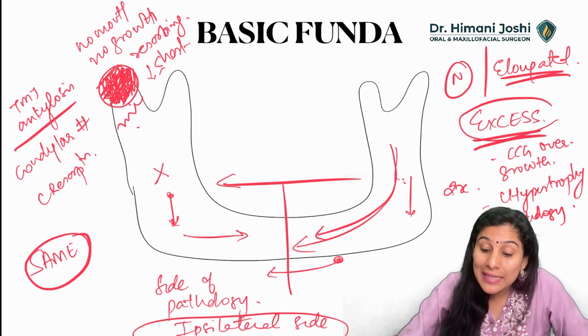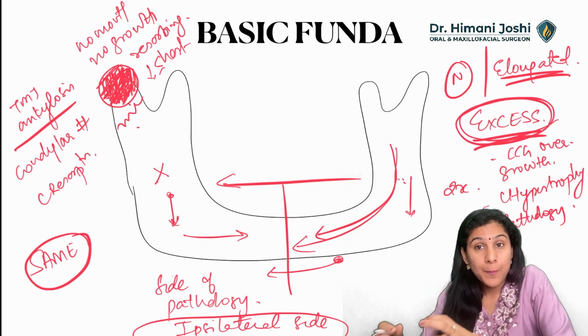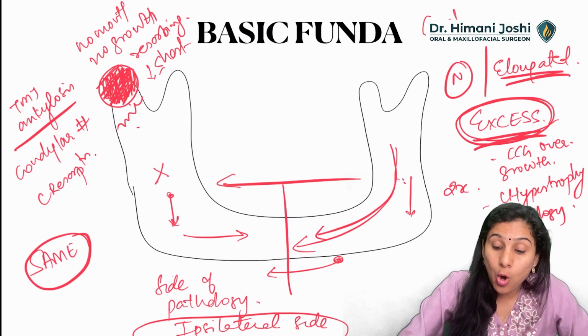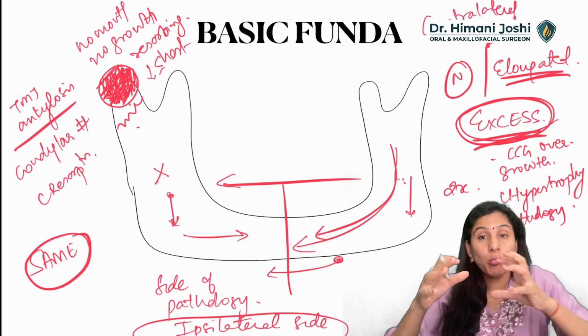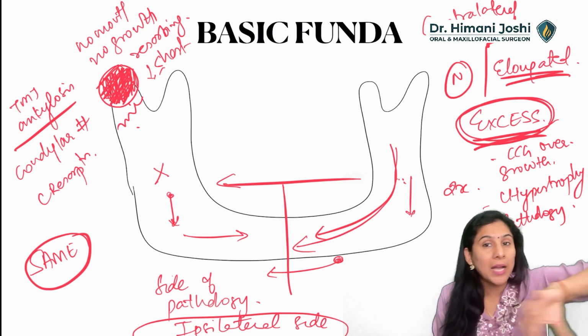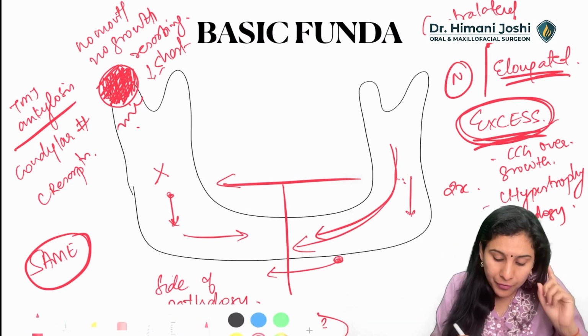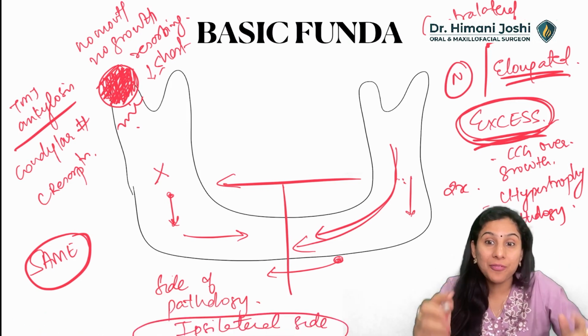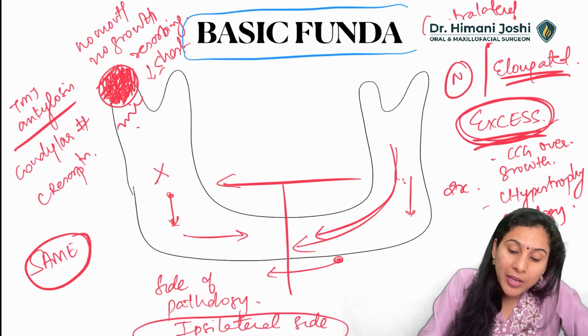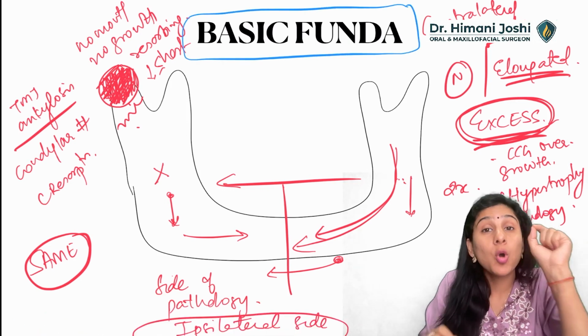So whenever there is an excess growth, there will always be contralateral deviation. That means that side is growing more, it will push the mandible to the other side, and there will be contralateral deviation.